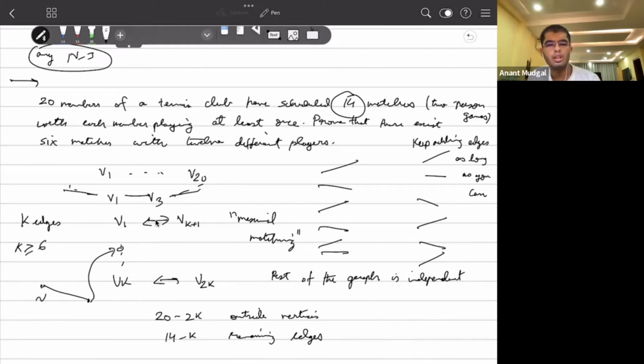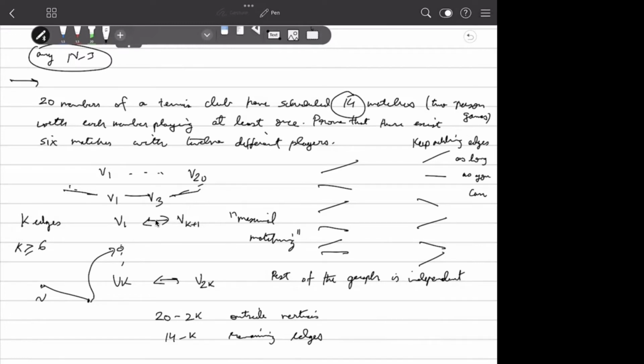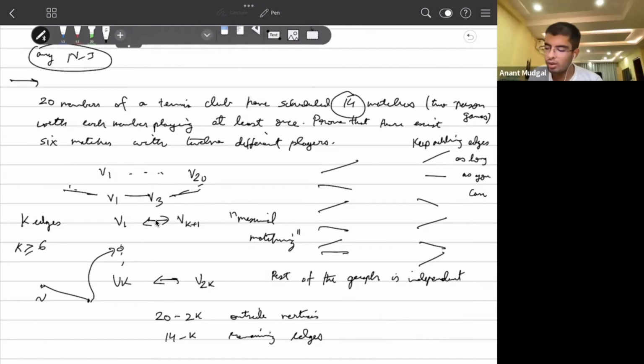Sorry, what did you say again? 20 minus 2k plus k would be greater than or equal to 15, because k is less than or equal to 5. Yes, okay, let's assume k is less than 5. Then you have 20 minus k is greater than or equal to 15.